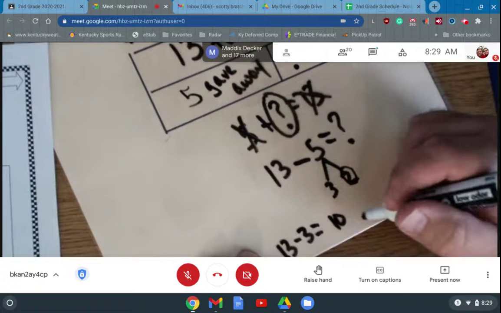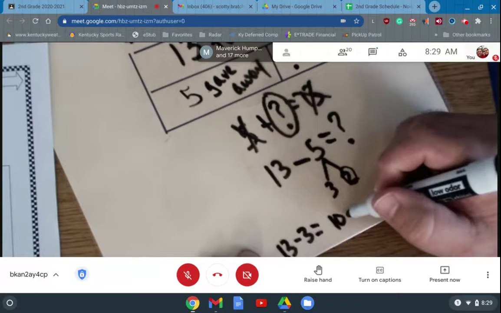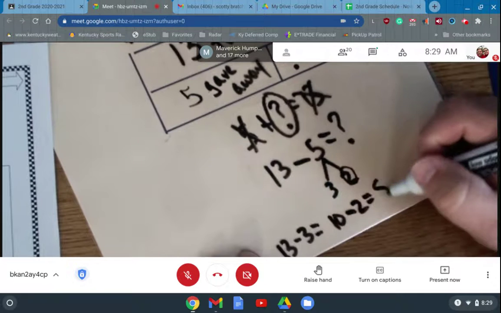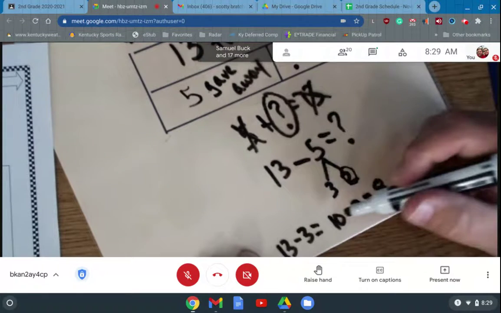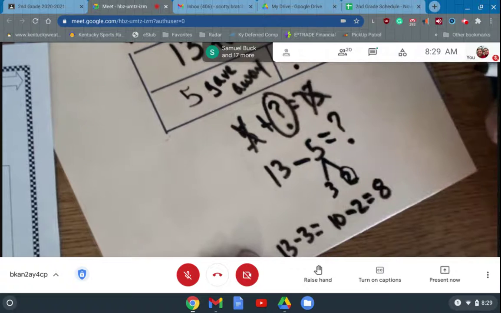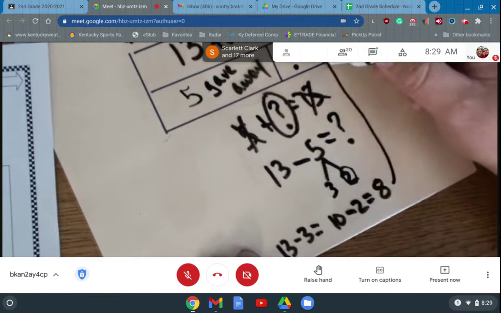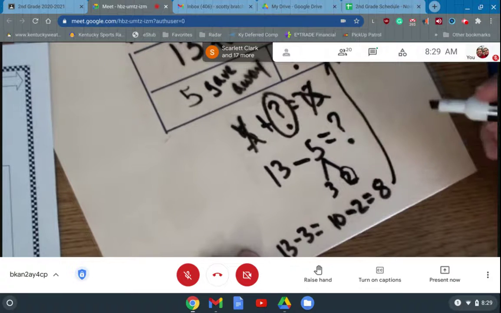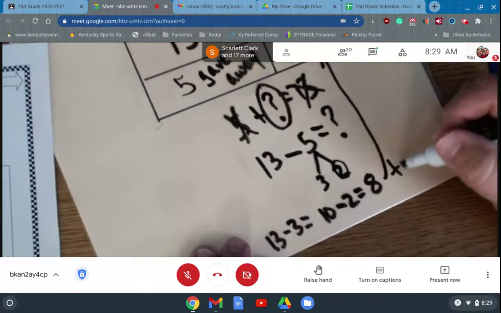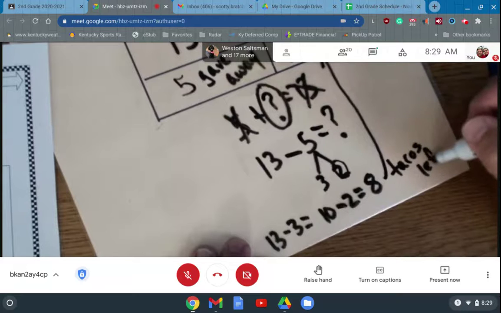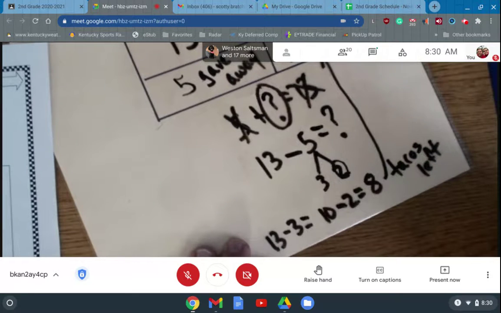If I know my combinations of 10, 2 and 8 make 10. So 10 minus 2 equals 8. 8 what? Oh, 8 tacos that were left. So we're going to say tacos left.